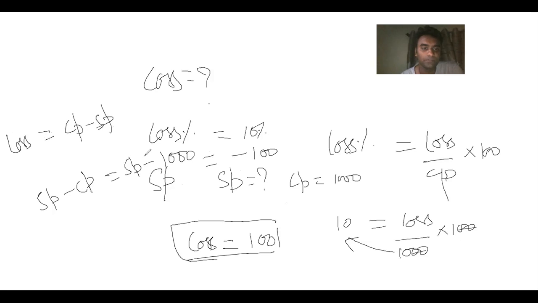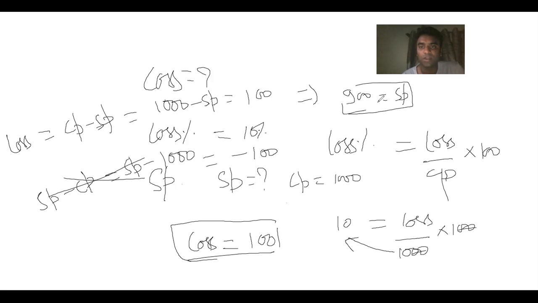You forgot this, correct? So loss is CP minus SP. CP is 1000. SP we need to find, and this is equal to 100, right? After transposition, we get 900 as the SP, correct? So the answer to that particular question is 900.